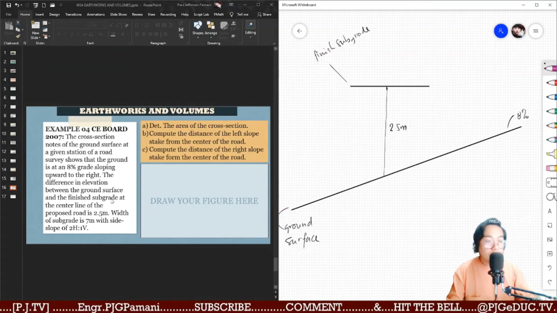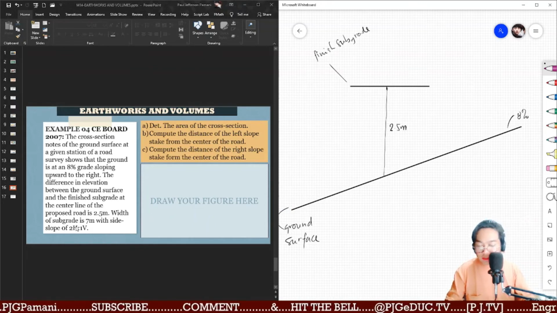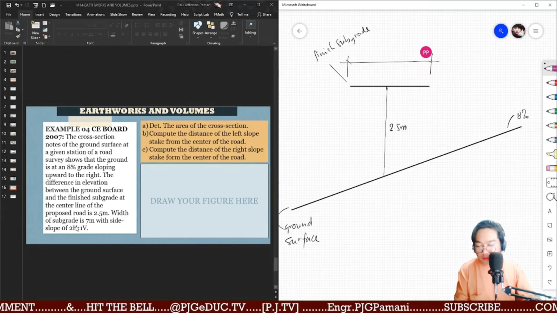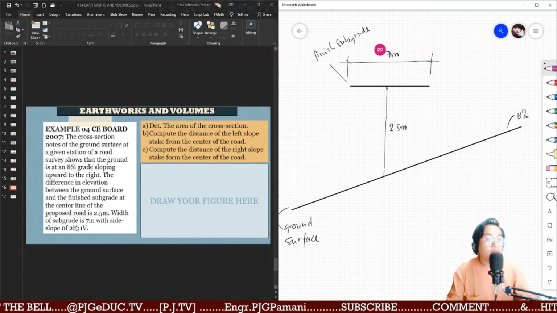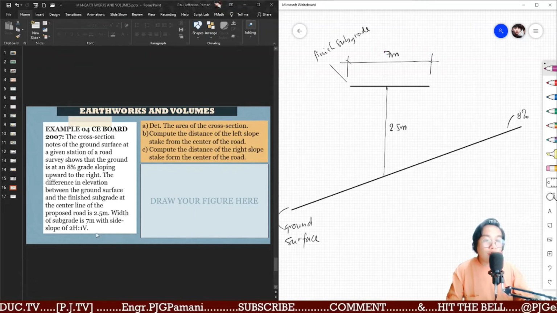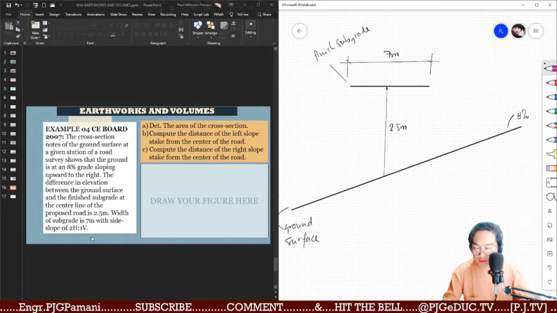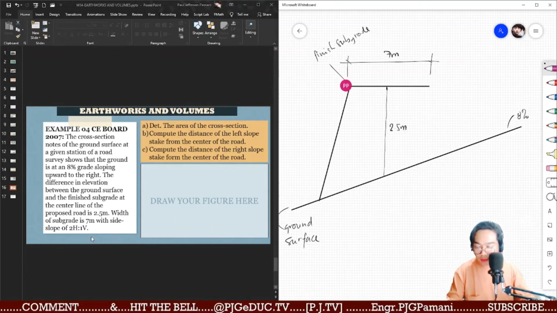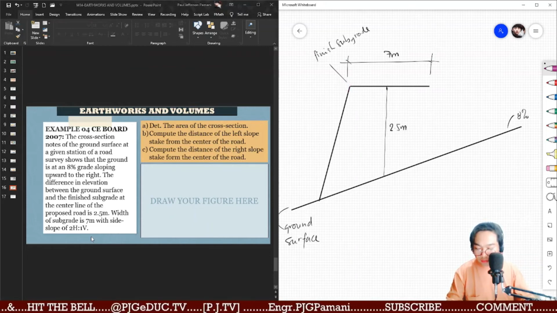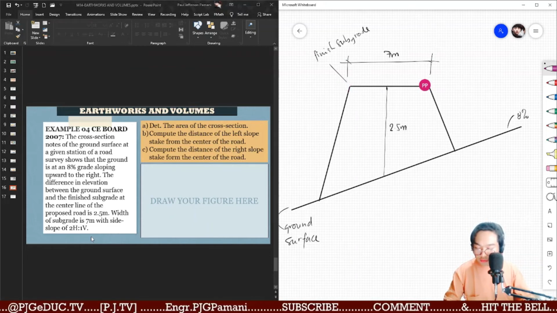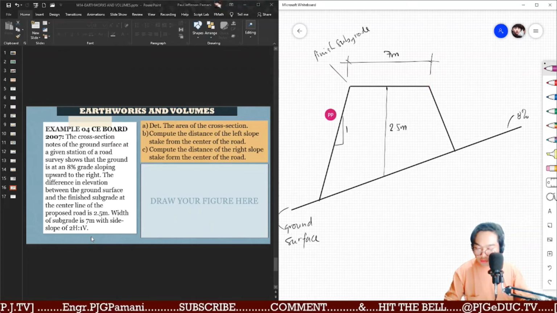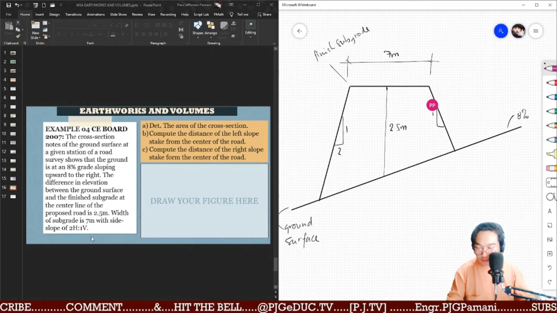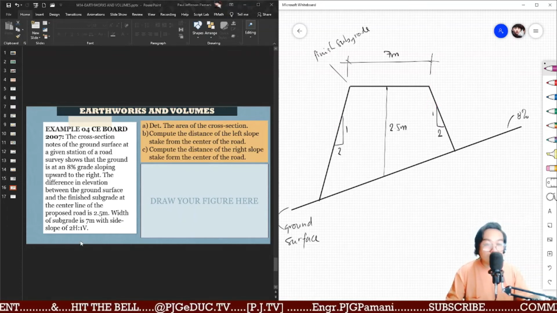Okay? Then, width of the subgrade is 7 meters. So, ito yung ating 7 meters. Okay? With a side slope of 2h and 1v. So yan na yung ating section.